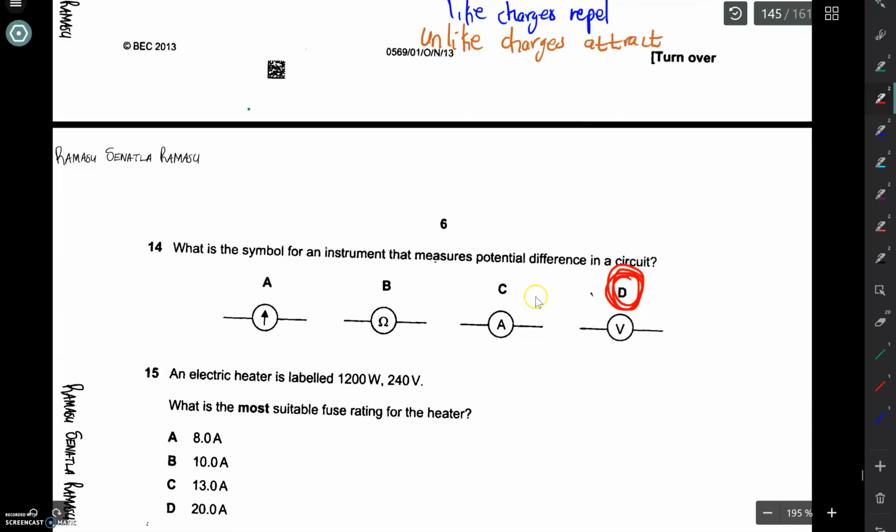A voltmeter measures the potential difference in a circuit. And C is an ammeter, and ammeters measure the current flowing through a circuit.